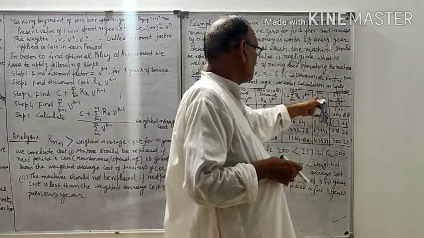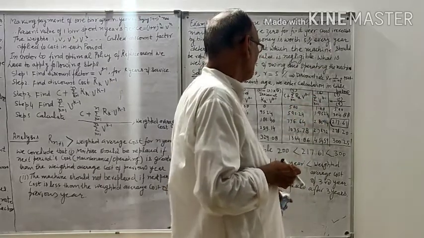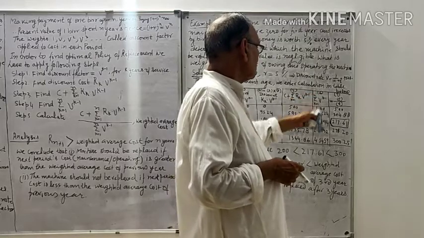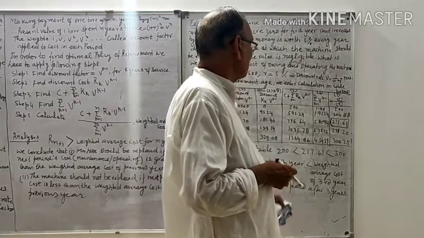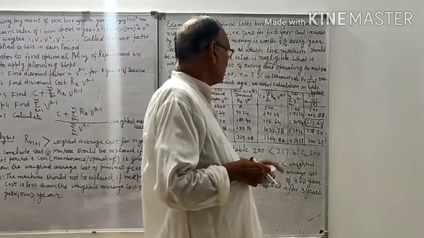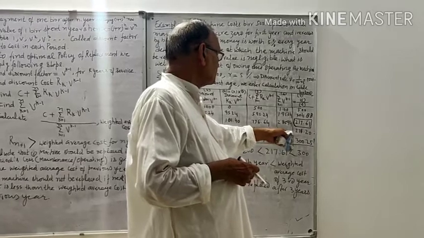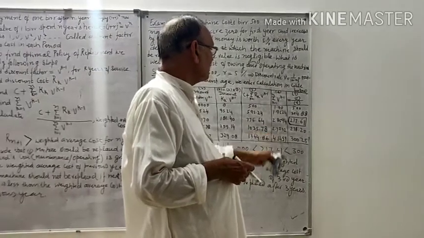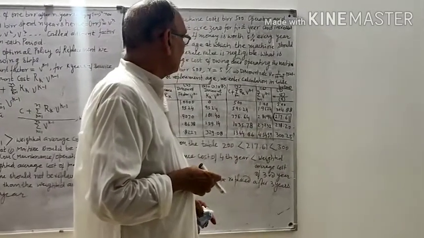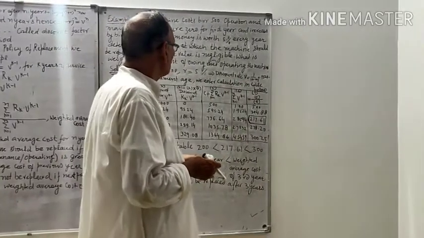So this is k is equal to 1 to n, here k is equal to 1 to 5 because n is 5. So 1.00, 1.9524 and 2.8594, 3.7232, 4.5459.